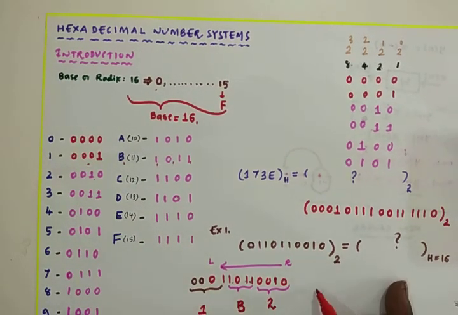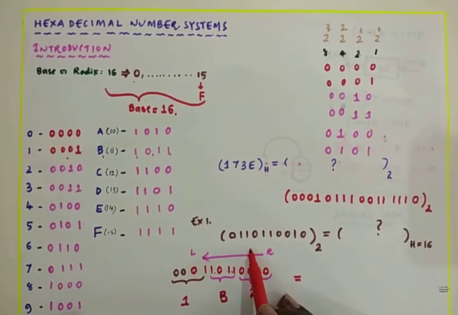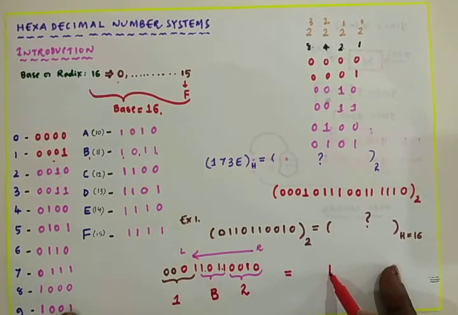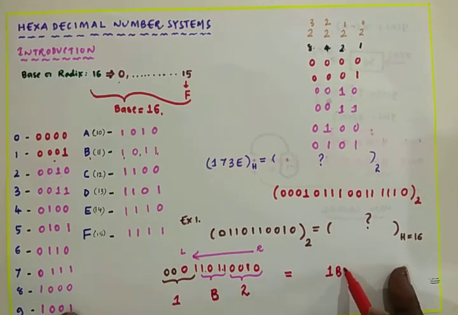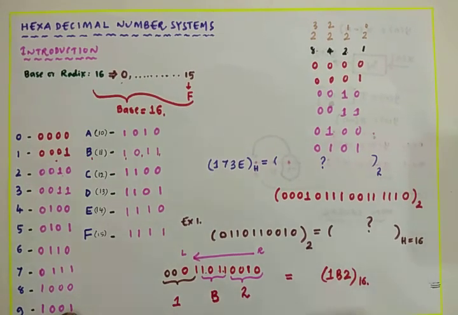So whatever binary number we have, when we convert it into hexadecimal, we get 1 B 2, whose base is 16, or H.